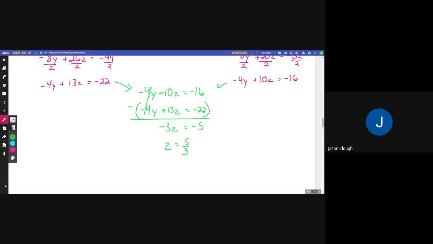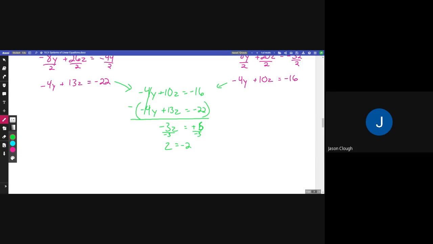So when I do negative 16 minus negative 22, this actually becomes a positive 6. And I just erase this. So dividing both sides by negative 3, I end up getting negative 2.